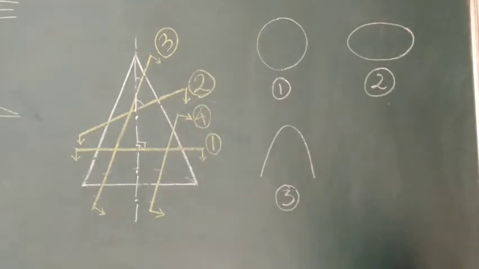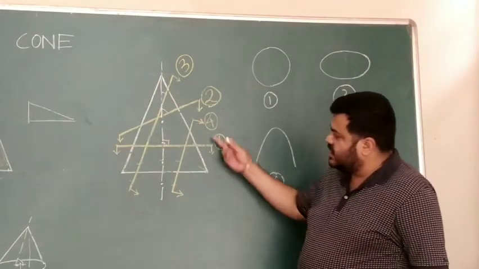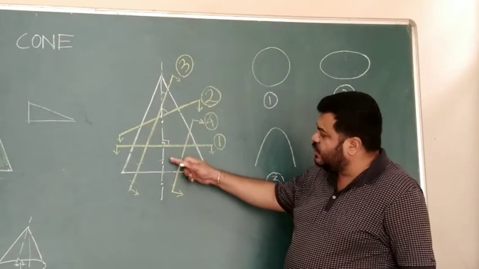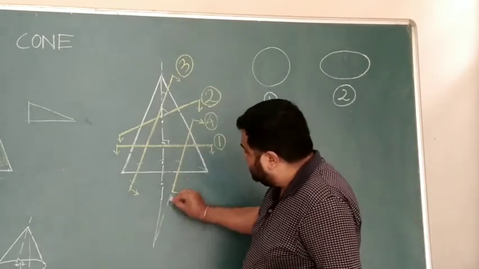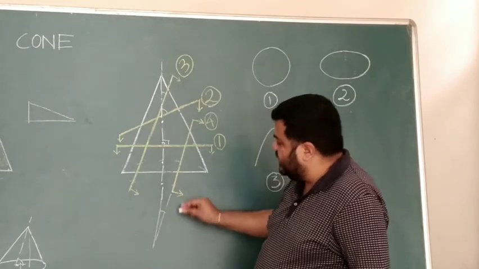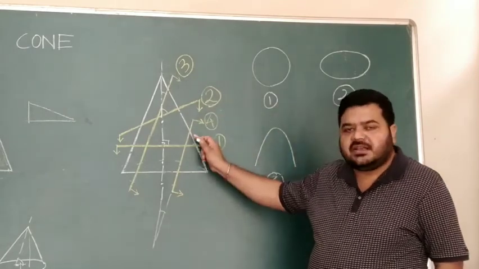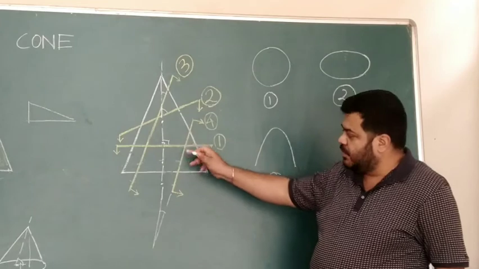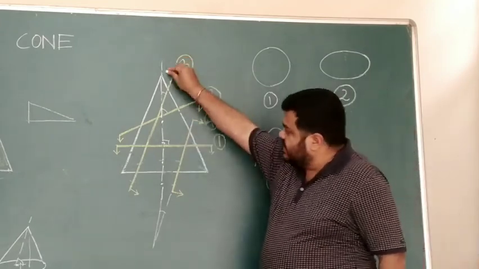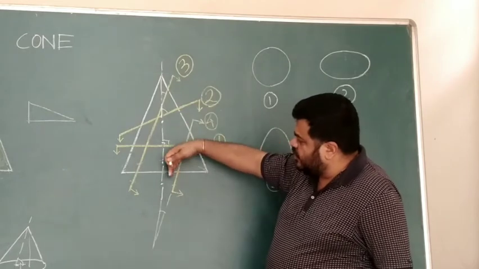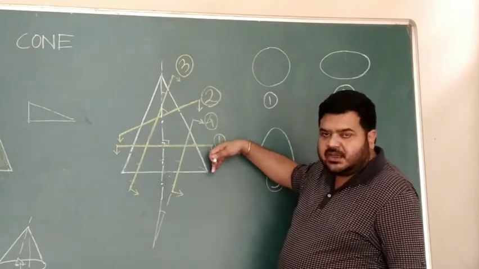Now comes the fourth condition. When the section plane is inclined to the axis, there is an angle. If you extend this, you will see there is an angle. When the section plane is inclined to the axis but cuts the cone on one side of the axis, like this is the axis, and it is cutting the cone on one side of the axis.